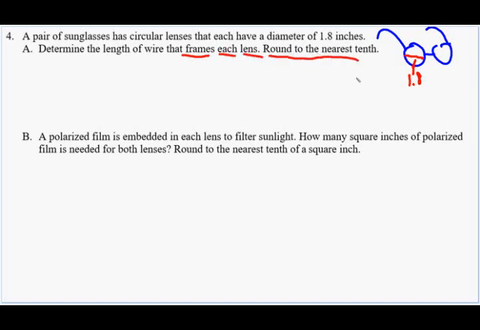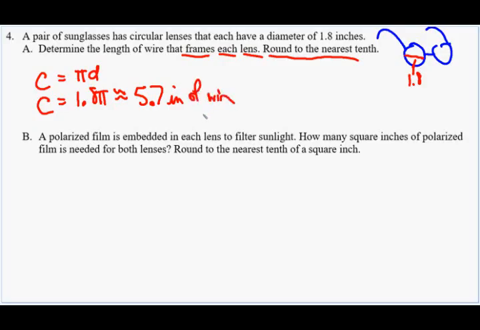Round to the nearest tenth. So circumference equals pi times diameter, and our diameter was given as 1.8. So 1.8 times pi is approximately 5.7 inches of wire.